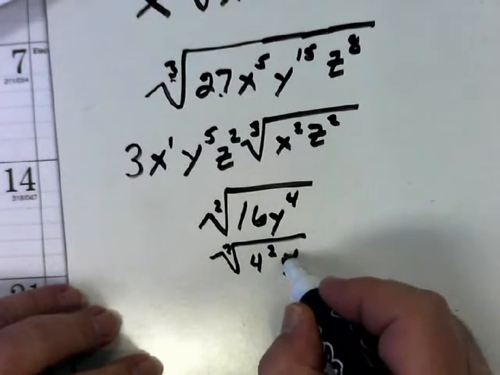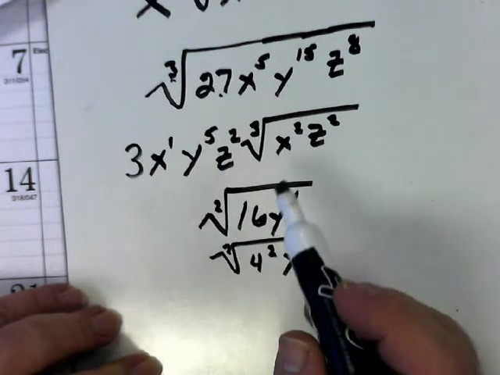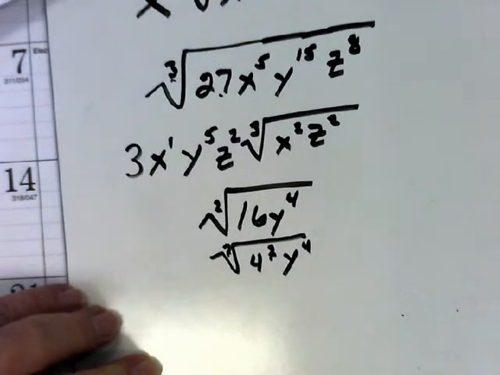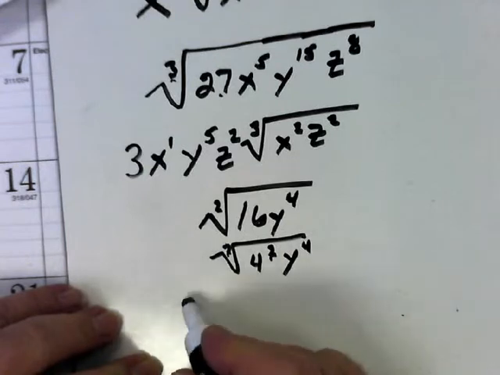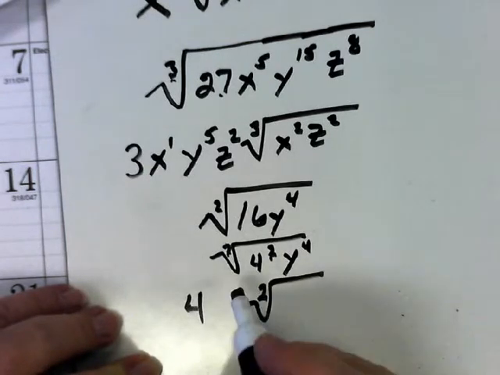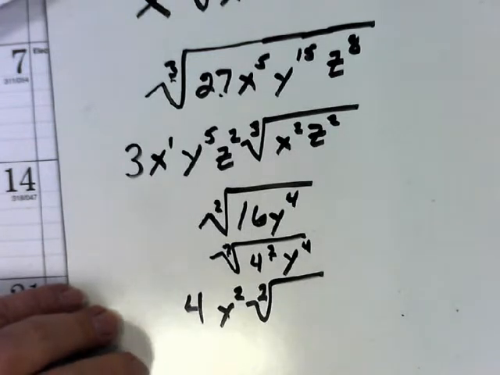Y to the fourth. Why write it this way? Because I can then take this 2 into this 2, couldn't I? So what comes out here? 4. Y to the second, correct?